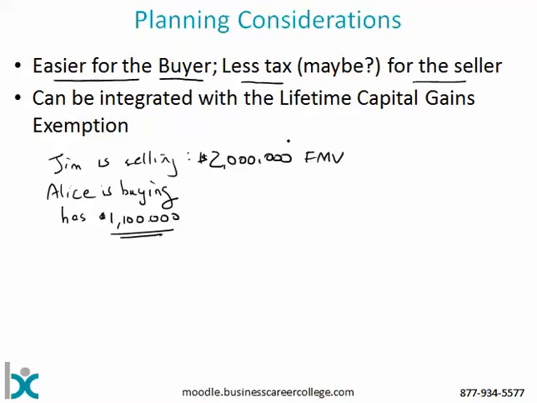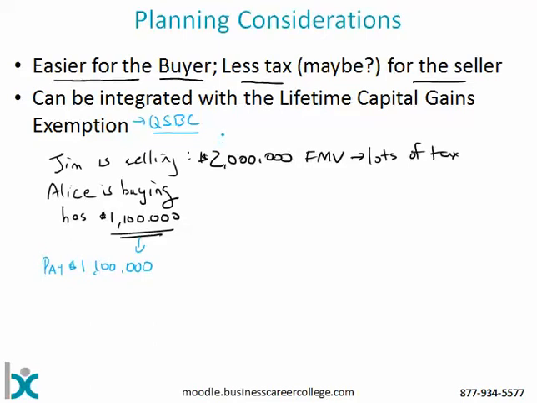Jim says, well, I really want to sell the business, but I don't necessarily need $2 million all up front. And Jim recognizes that if he takes that, that's lots of tax to pay. So Jim says, Alice, I'll tell you what, why don't you pay me the $1.1 million now? So we're going to pay the $1.1 million now. Jim transfers all of the shares of the business to Alice, and let's assume for now that this is a qualified small business corporation.